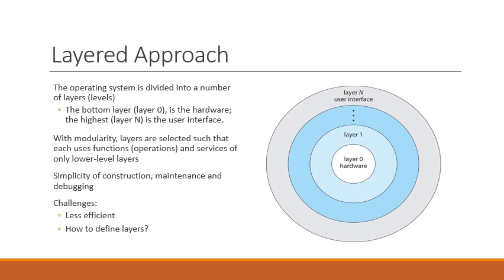That will call the CPU scheduling layer, and CPU scheduling layer will in turn call the hardware layer to access that particular IO device. So at each level, parameters are being transferred from one layer to the next layer. This adds overhead to the system call that was issued by the user application. The result is performance of the operating system will be reduced, and it results into a less efficient operating system.